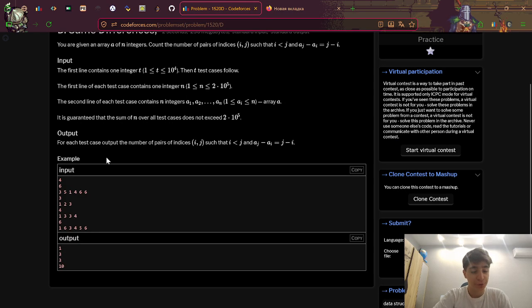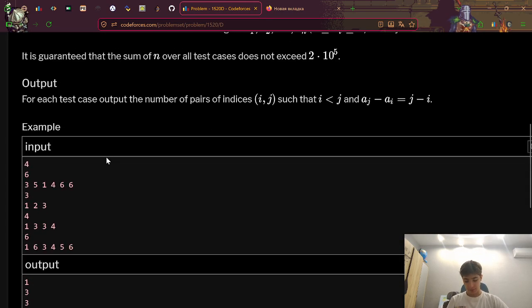Did I divide to two? I think so, if I don't miss. We go to the next page. So 3, 5, 1, 4, 6, 6. For example, as you can see, if we compare each of them, for example, 3 is what?